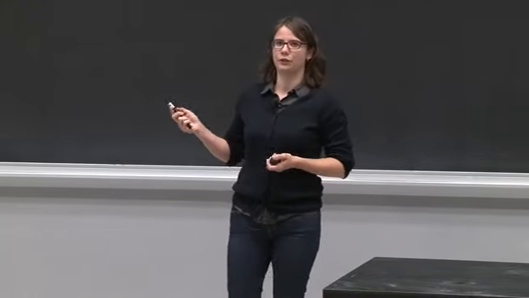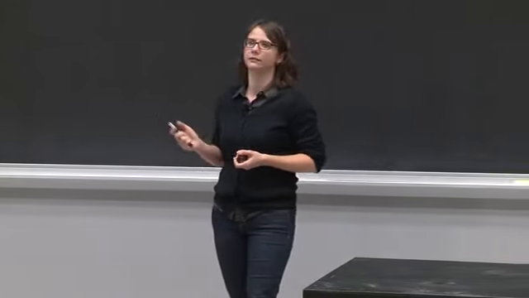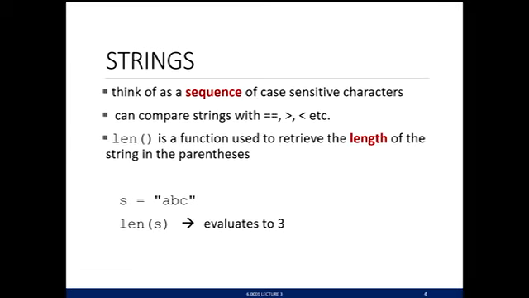When applied on a string, this function called len will tell you the length of a string. That's going to tell you how many characters are in the string. Characters are going to be letters, digits, special characters, spaces, and so on. It just counts how many characters are in a string.